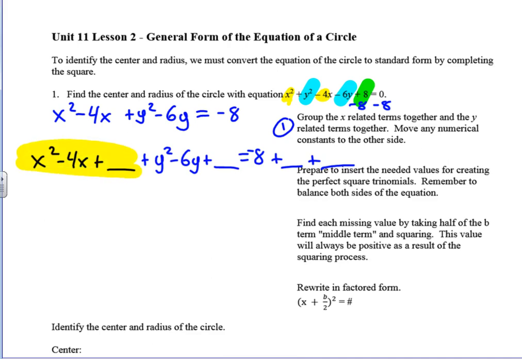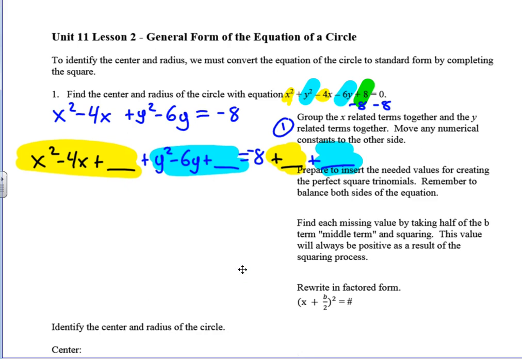We've got the x terms, and we're going to add something to that. And then we've got our y terms, and we're going to add something. In order to keep it balanced, whatever we add to one side, we have to add to the other side.